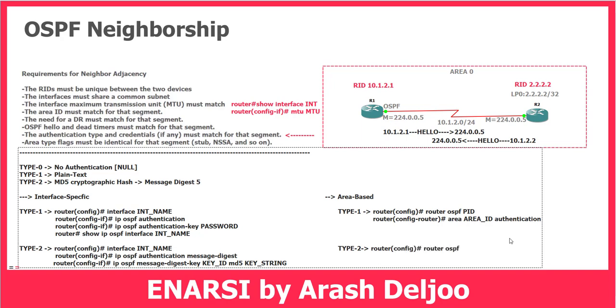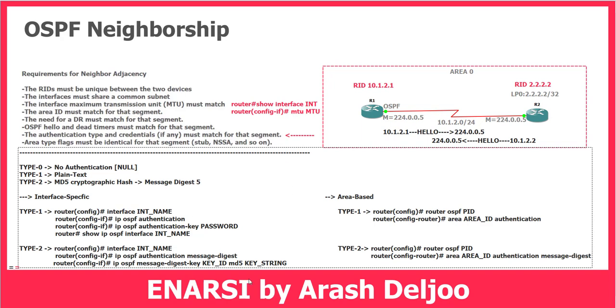Router ospf again, process ID, and after that here in router config router, we should use area ID authentication, and after that message-digest. That's it. You know that when we are using the area type of authentication, actually we are configuring only the authentication type. For the authentication key, again you should go to the interface and configure it.